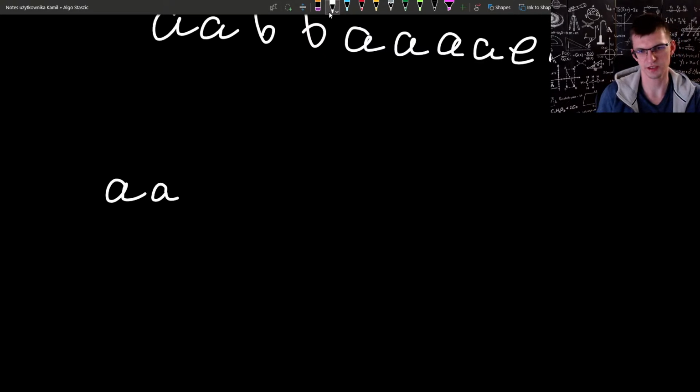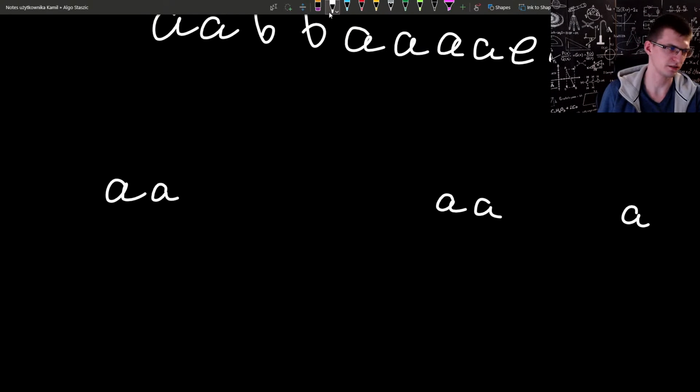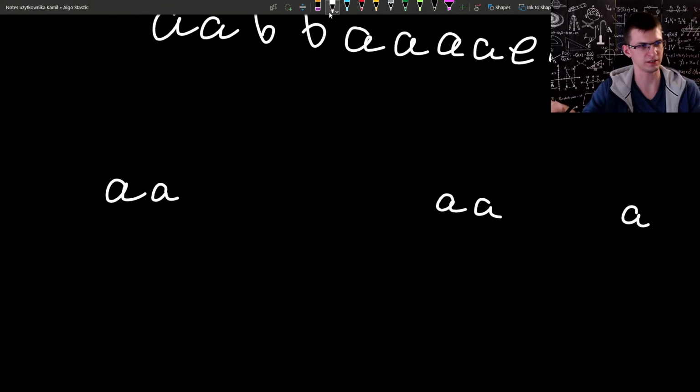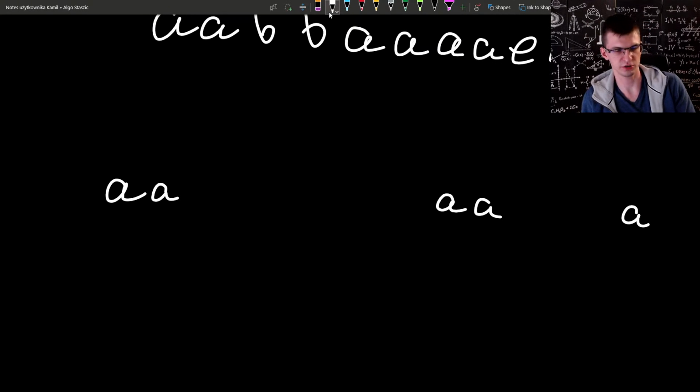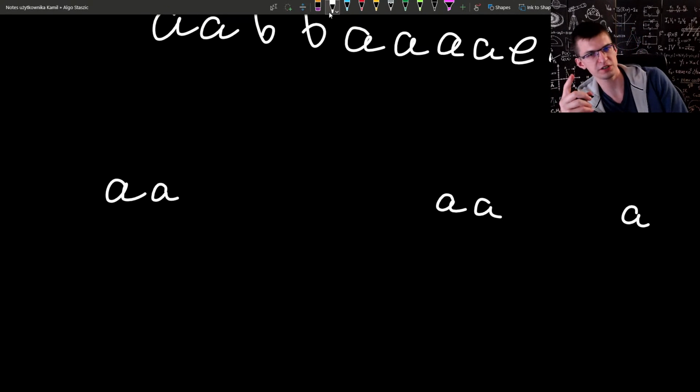There are some A's here, some A's there, and something is here. Is it good to say that the first operation will just write A everywhere as one operation, and then we will move to fixing those shorter intervals? It isn't always the case.